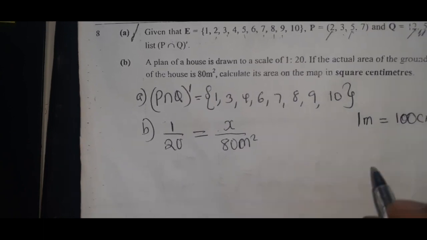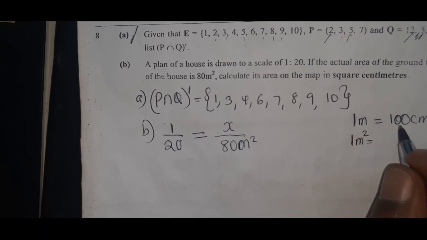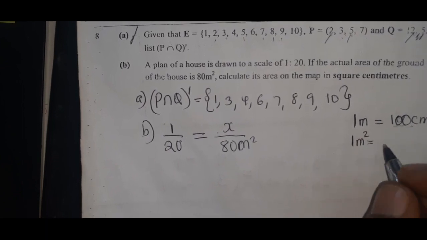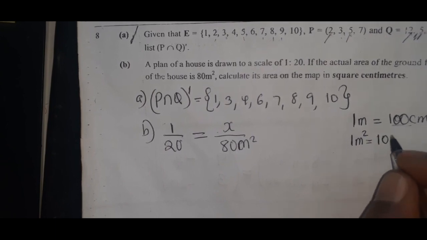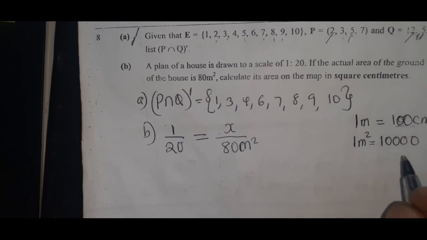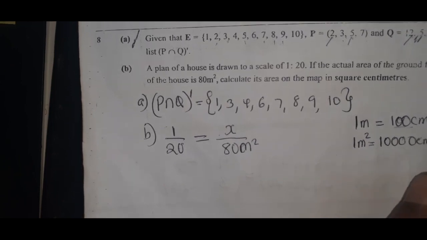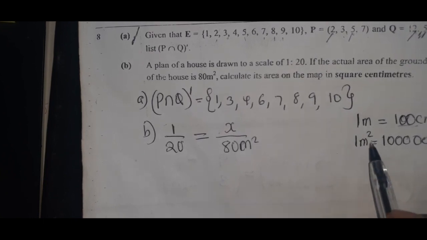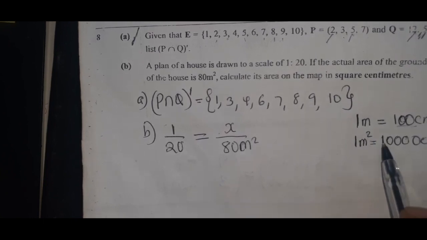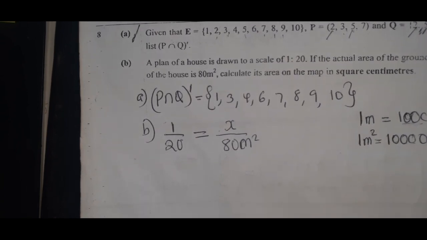Are we together? So 1 meter squared is equal to, we square this side also. What are we going to get? So 1 meter squared is equal to 10,000 centimeters squared. So this is what we're going to do.